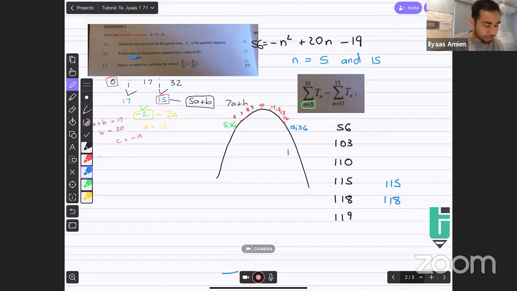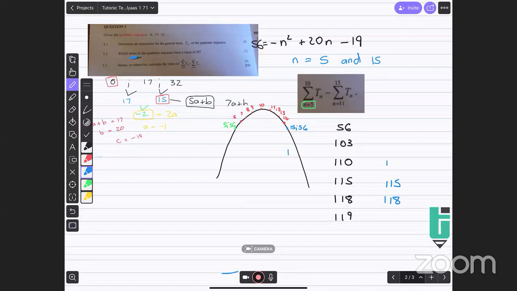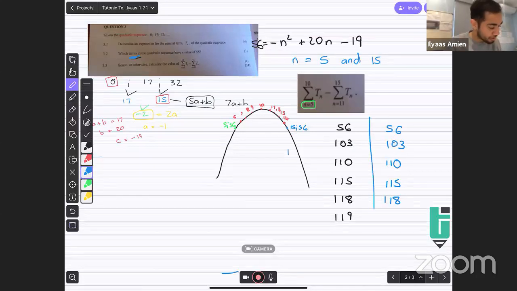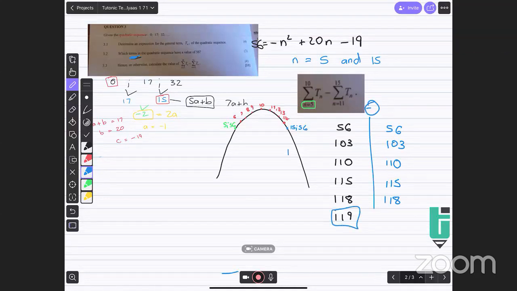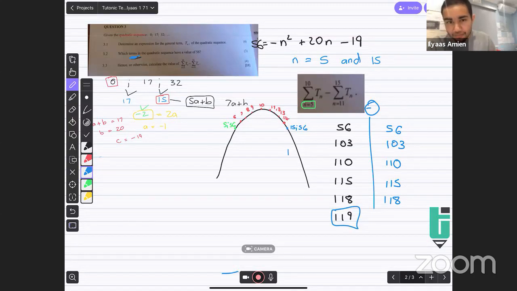Sub in 13. 110, and then the next would be 103, and then 56. They're asking you to subtract. And then you'll just be left with 119. So that's a perfectly fine way of doing it. But I'm trying to show you graphically.